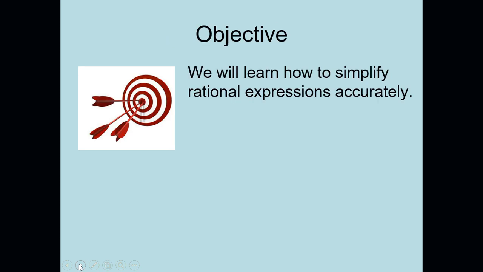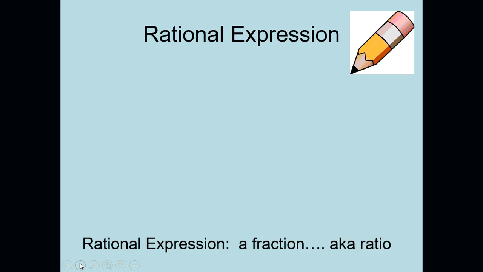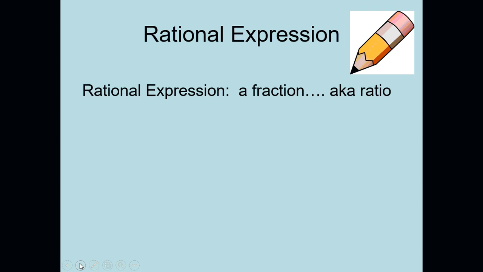So the whole idea today is we need to really understand how to simplify fractions that contain x's and such very accurately, okay? So I want to start with just a basic understanding of what it means to be a rational expression. That fancy word, ladies and gents, basically means that all we're talking about is a fraction or a ratio, okay? Ratios are fractions, hence the word rational in the word.